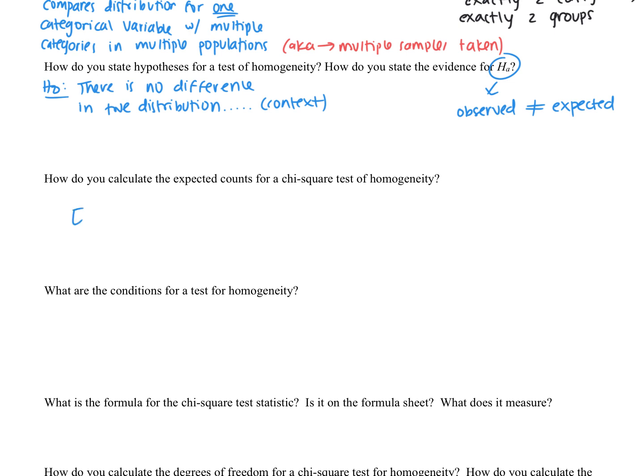The expected value is going to be a fraction. The numerator, you are taking the column total and multiplying by the row total, and you are dividing by the grand total.